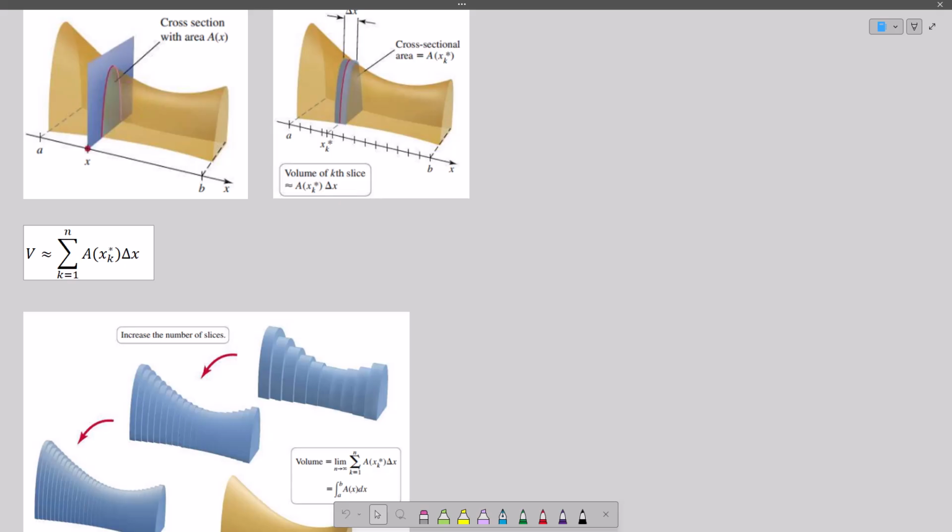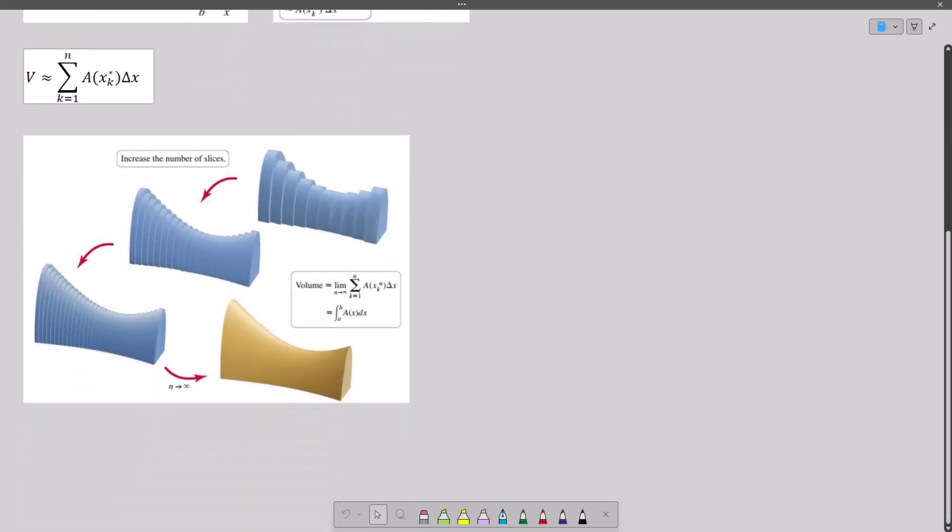And then as each slice gets narrower and narrower, the approximation gets better and better. And then we all know from Calc 1, that is a Riemann sum.